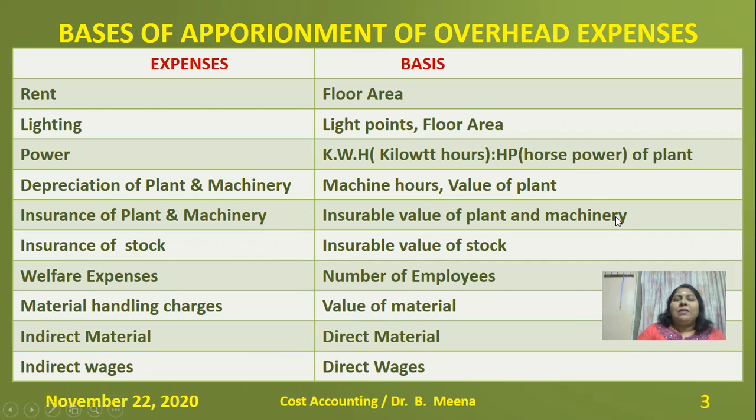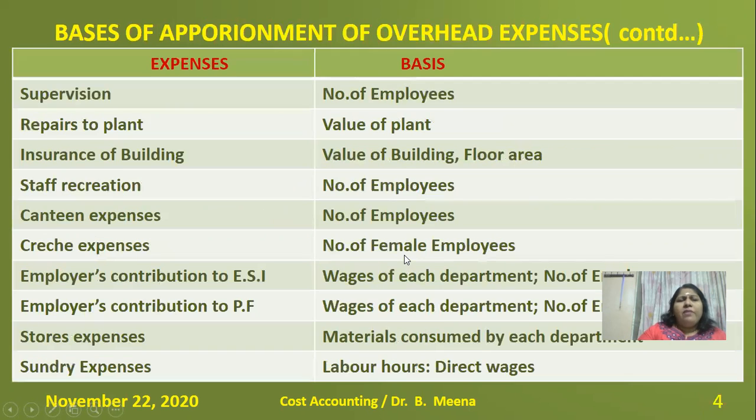By looking at this slide, you will come to know, if the expenses were given for the whole company, how the total expenses like rent, lighting, power can be distributed among the production and service departments, and what suitable basis we need to follow.